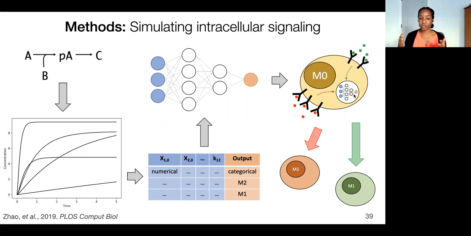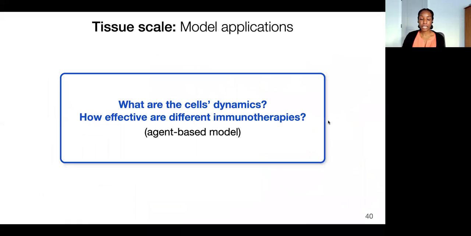Rather, it's just this very fast computation that takes in the inputs and converts it to a decision about whether it could go towards an M2 or an M1 phenotype. So we can encode intracellular signaling, but do it in a computationally efficient manner. So what can we use this agent-based model to do?